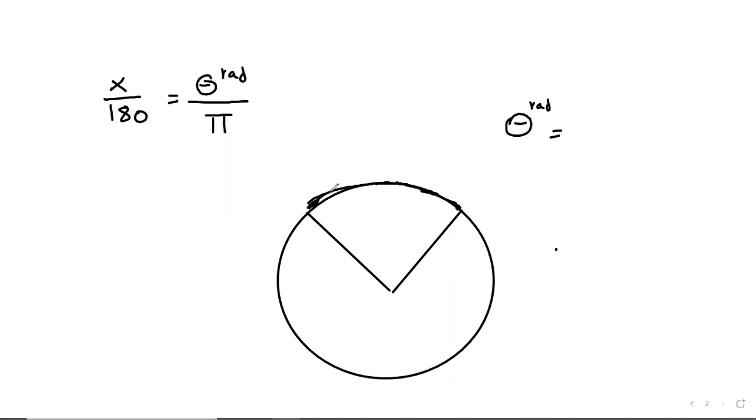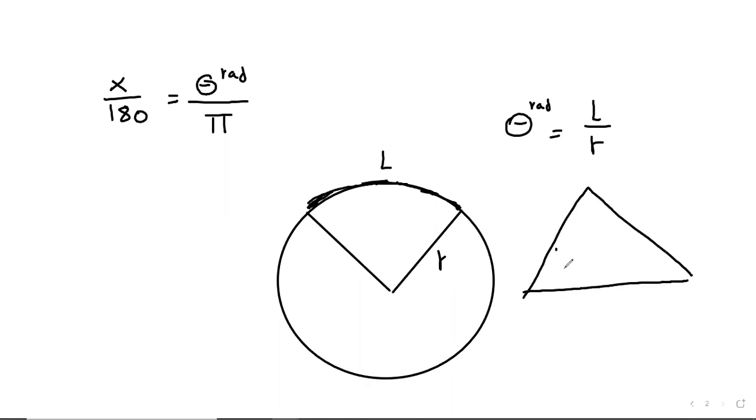It is the ratio between L and the radius. So theta radian equals L over R. Theta radian is the measure of the angle, which is equal to L, the length of the arc, divided by the radius length. This is L and this is R. Do you know it? Yes.